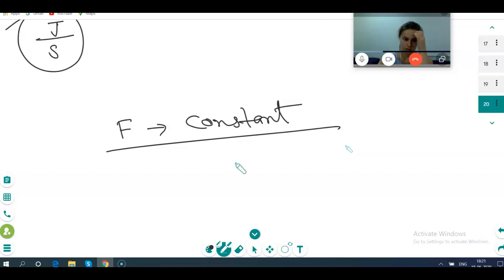But suppose the force is variable, slowly the force is reducing, then what happens? How will you define it? Force is not constant now. Then what will you do? Please tell me.